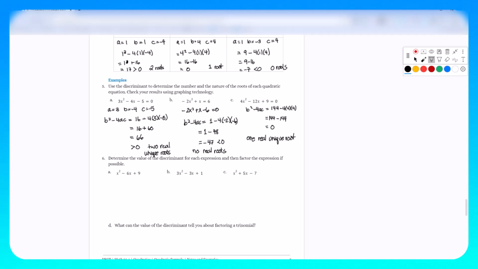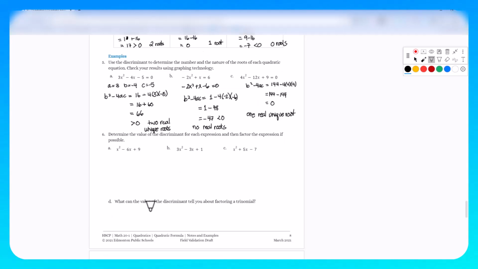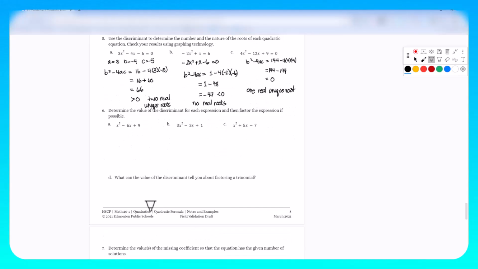There we go. So let's look at the next question, where it's asking us to determine the discriminant for each expression, and then factor the expression if possible. Well, the first one here, we have x squared minus 6x plus 9. That's going to equal 36 minus 4 times 9.